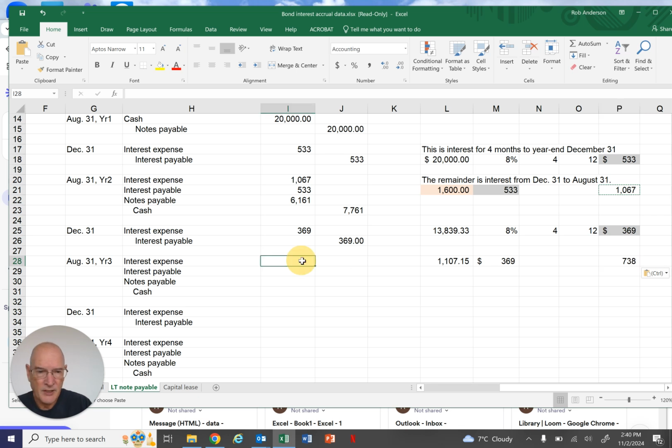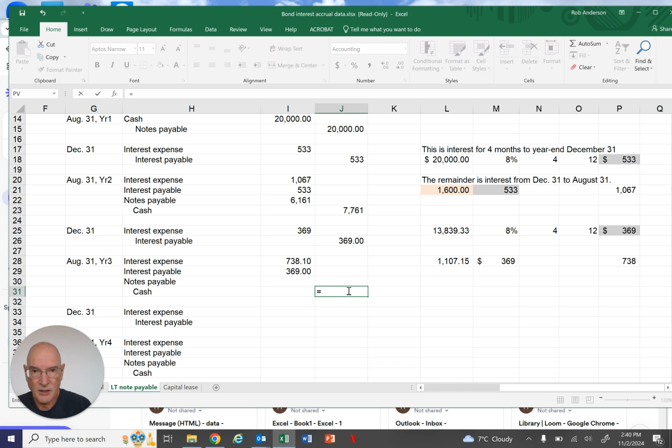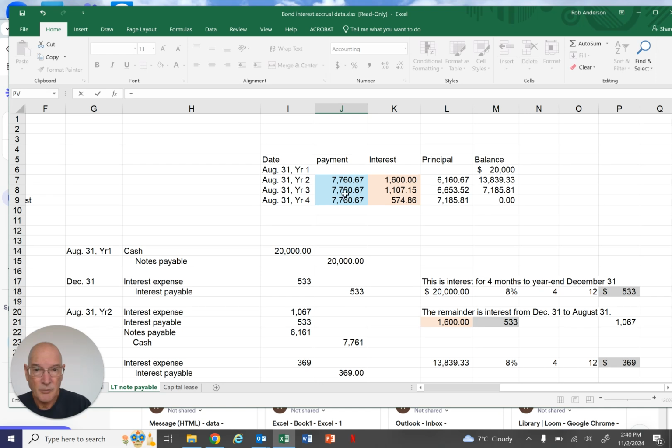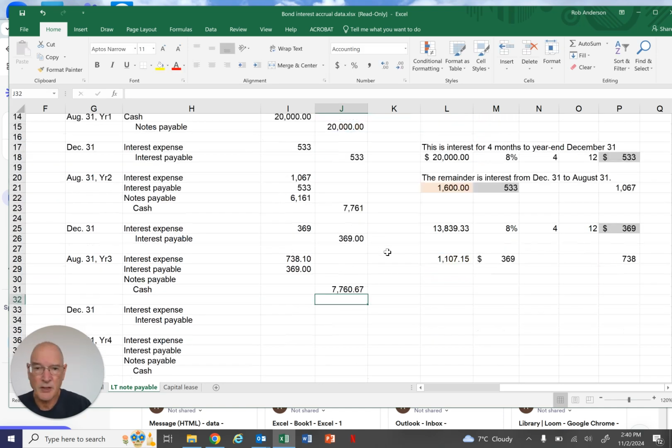Our interest expense, our new interest for 8 months is that amount. Our interest payable is what we have to pay off. Our cash is still our payment. Our payments are the same every year.